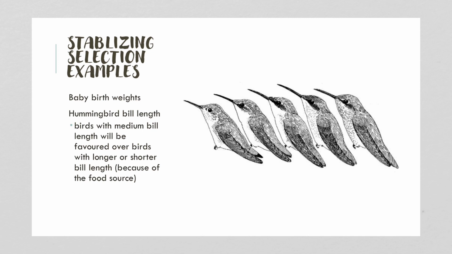And really big birth weights are not favored because, especially when C-sections weren't available, a really large baby might not be able to be birthed through the mother's birth canal. And so the mother and the baby could be at risk for not surviving the birth. Another one would be hummingbird bill length. Birds with medium bill lengths would be favored over birds with long or short bill lengths because of the food source that they're feeding on.